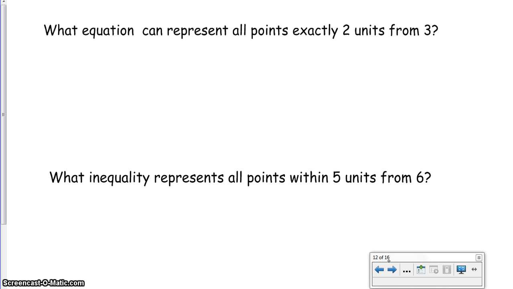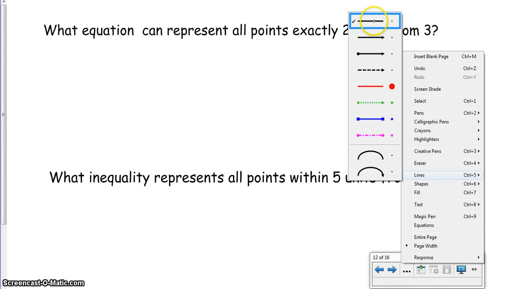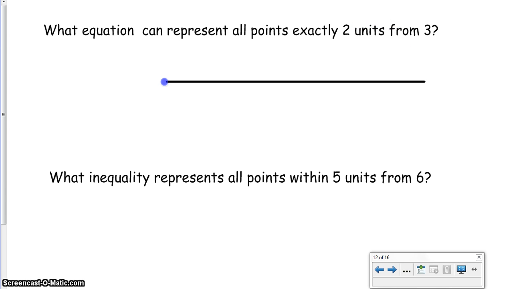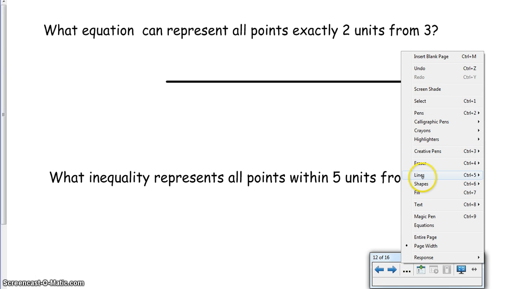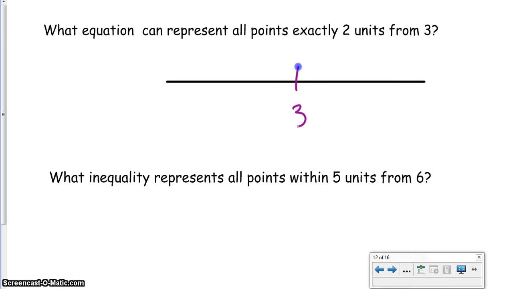So, what equation can represent all points exactly 2 units from 3? Let's see now. Here's a number line. And here's 3. 2 units away from 3. 1, 2. That's 5. 1, 2. That's 1.